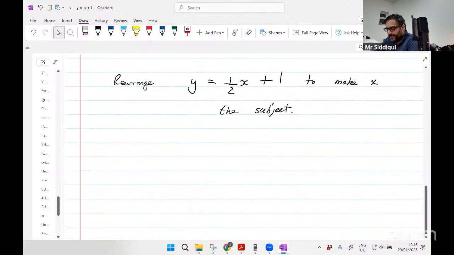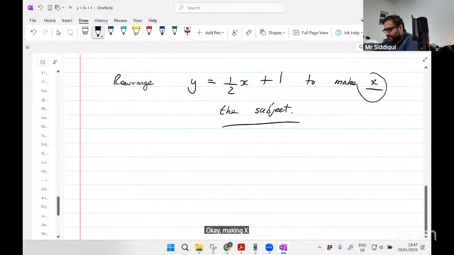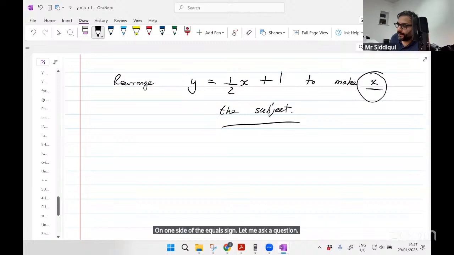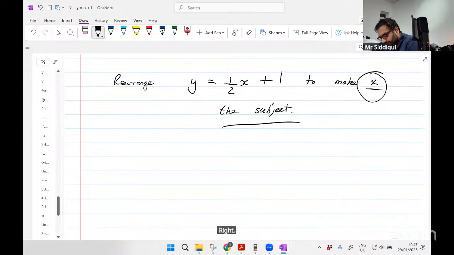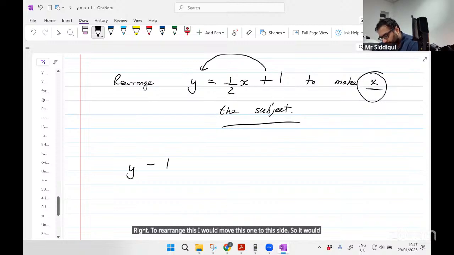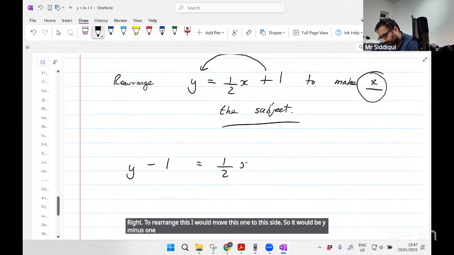Okay, making x the subject means get the x by itself on one side of the equals sign. Right, to rearrange this, I would move this 1 to this side. So it would be y minus 1 equals a half x.